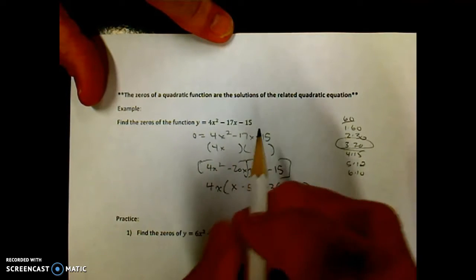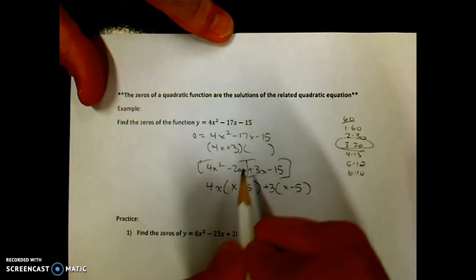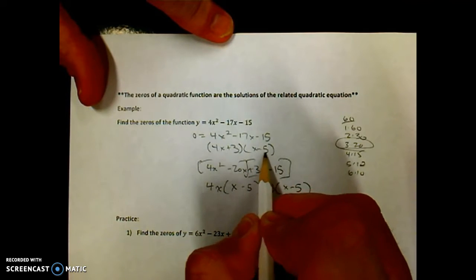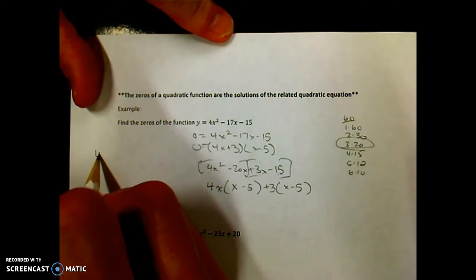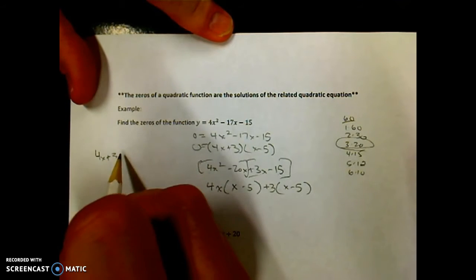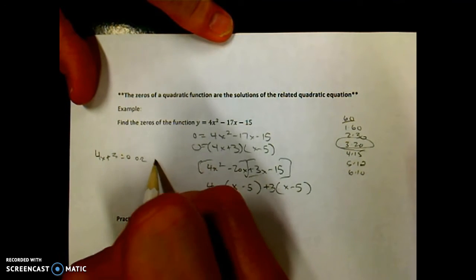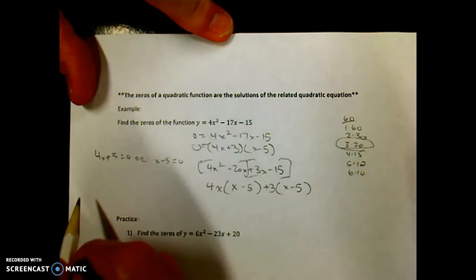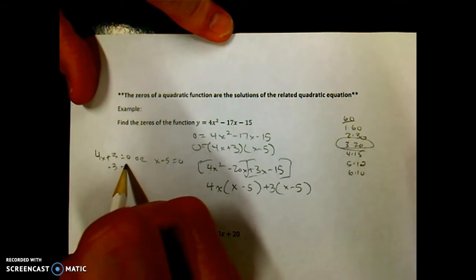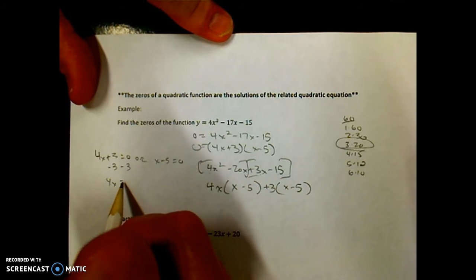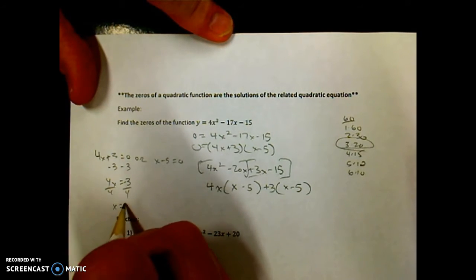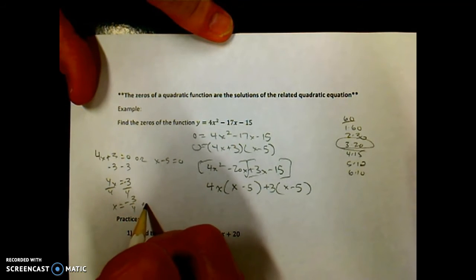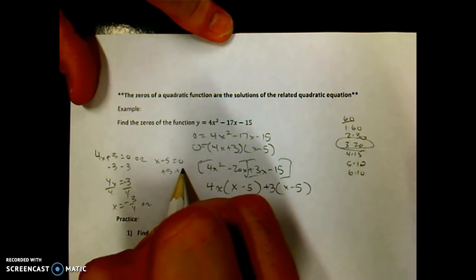So 4x plus 3 times x minus 5, that product equals 0. So 4x plus 3 equals 0, or x minus 5 equals 0. And we solve these two relatively simple equations. x equals negative 3/4, or x equals 5.